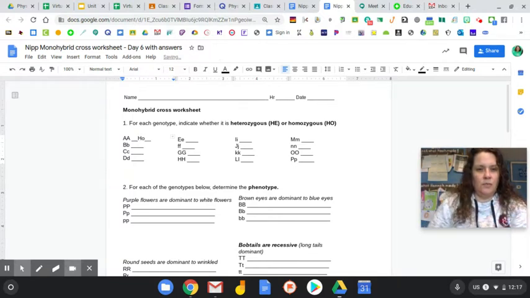First one, yes, you guessed it, is homozygous. Big B, little b, hetero. Hetero. Hetero, because these last two are just the two different size letters. So this one is hetero. This one would be homozygous, homozygous, homozygous.